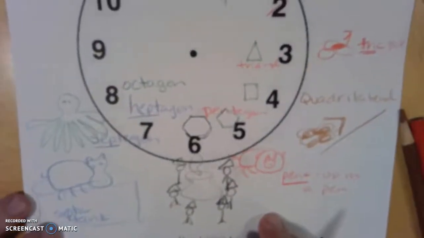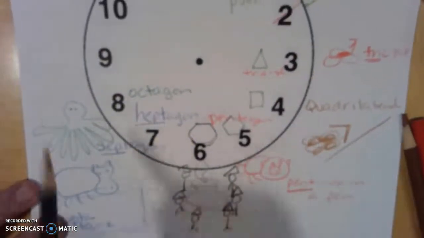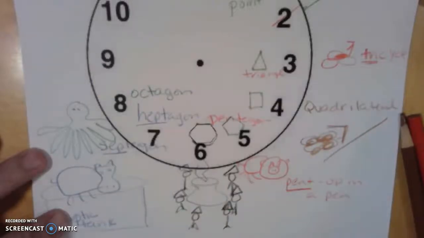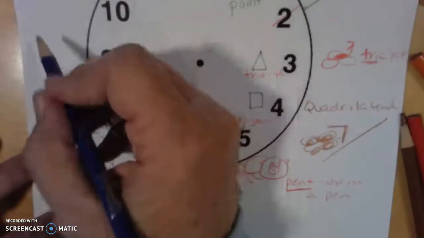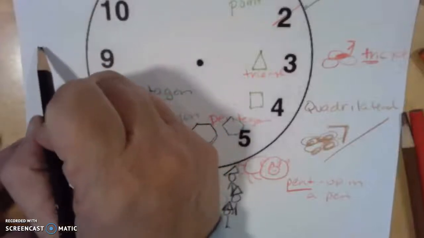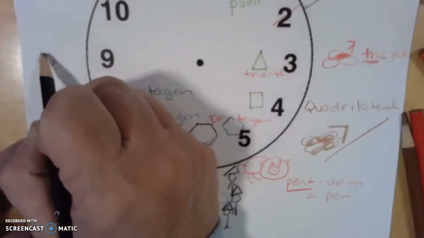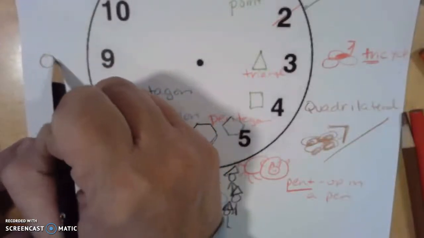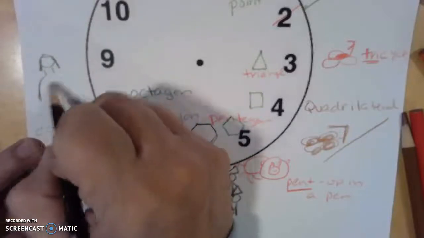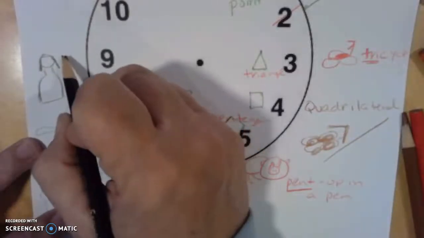An octagon, an 8-sided figure, and a 9-sided figure. Imagine in my little clock right here, I have a bunch of nuns. Let's see, nuns were black, right? Nuns, I cannot draw. Okay, so here's nuns. They have their habits on, and they're all in their little robes.